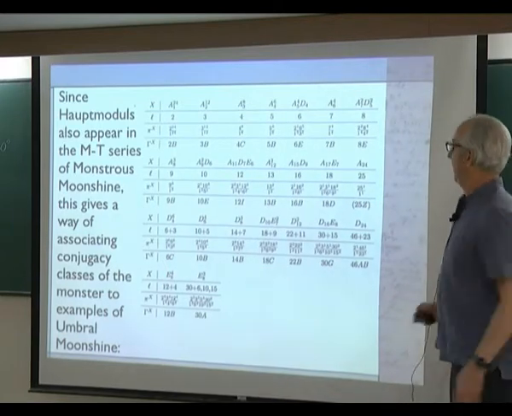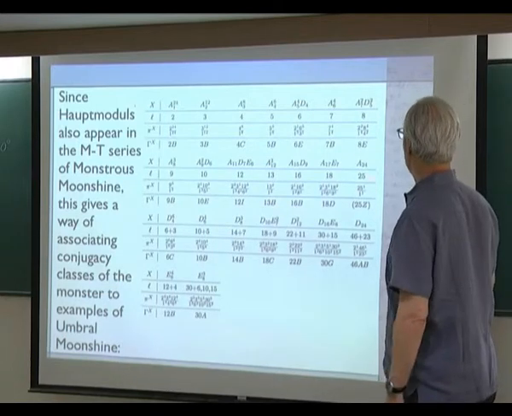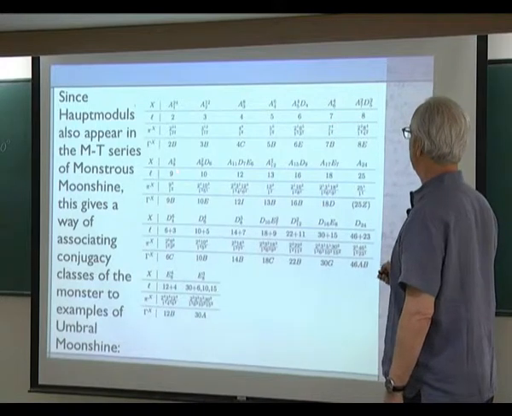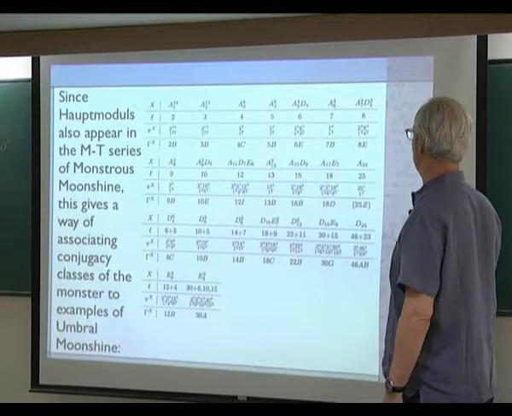What's this number, L? L is something that we call the lambency, and it essentially labels the genus 0 subgroup.